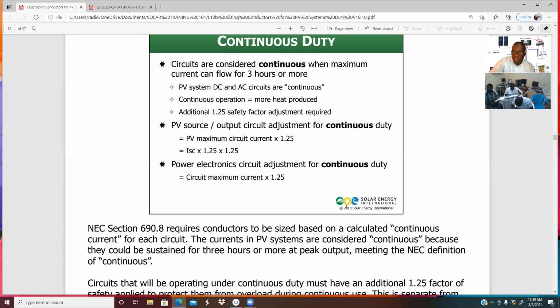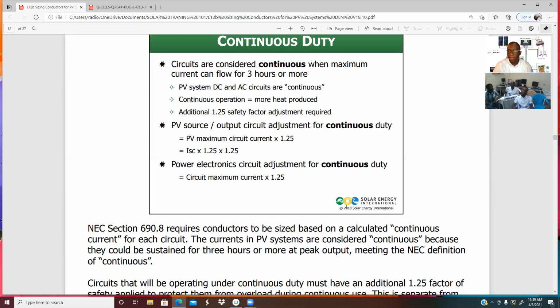Do you remember how we found the PV maximum current? Can someone explain to me how you find the PV maximum current? To find the PV maximum current, you go to the nameplate or the data sheet of the PV, and then you look for the ISC, the short-circuit current.